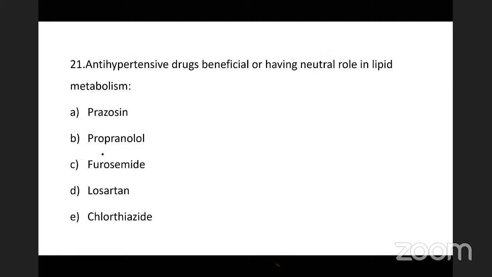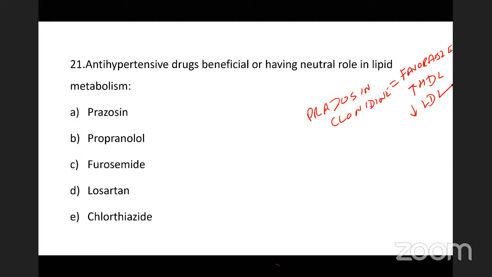Which antihypertensive drugs are beneficial or have a neutral role in the lipid profile? Remember, this is also one of the most commonly asked questions. Which drugs have a favorable lipid profile? Prazosin and clonidine have a favorable lipid profile. That means they decrease LDL and increase HDL. Calcium channel blockers, ARBs and ACE inhibitors have no effect on the plasma lipid profile.